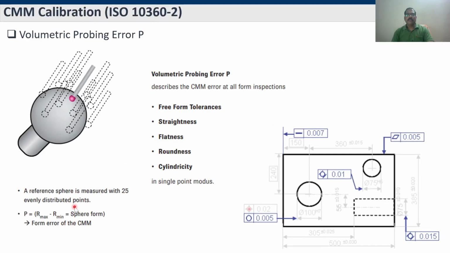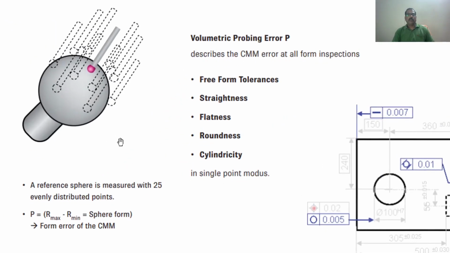The reference pair is measured with 25 evenly distributed points. For example, this is the individual stylus, then this is the reference pair. From this reference pair you have to take 25 measurements, do the calculation, and report it with the percentage of error.